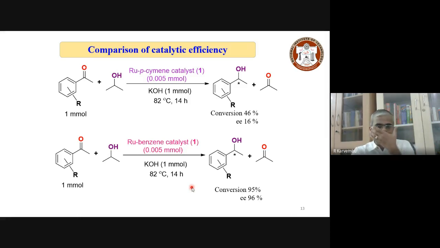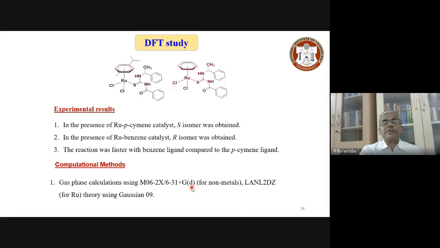Why is it so? When we observe these interesting results, we should also explore the reason behind this significant change in the activity and selectivity of the reactions. Here I have given: ruthenium parathymine gives S isomer, ruthenium benzene gives R isomer, so there is a change in the selectivity.